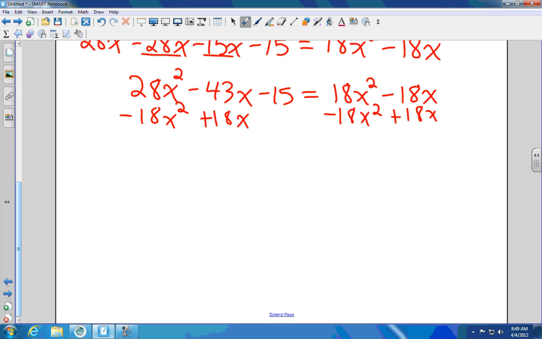So now this is all gone. 28x squared minus 18x squared. It's 10x squared. Negative 43x plus 18x. Negative 25x minus 15 equals 0, and that's ready for Quad 3. What can you take out of there? A 5. Quad 3 will do that for you as well.